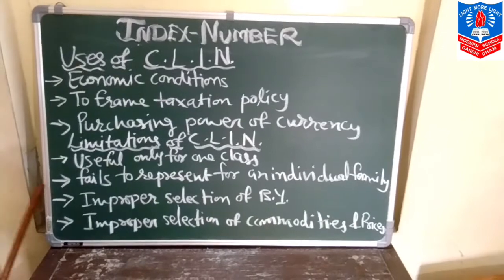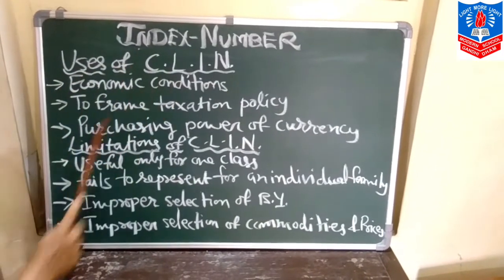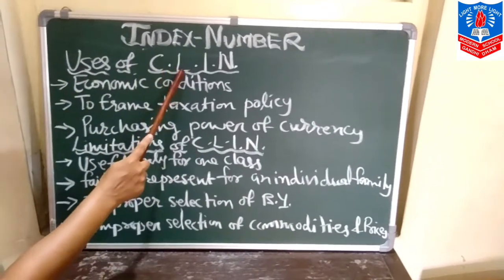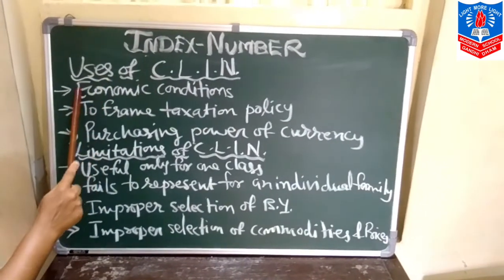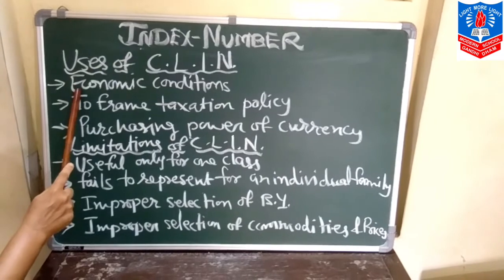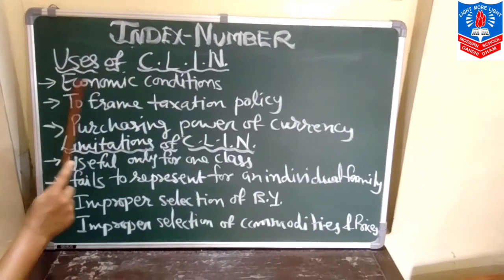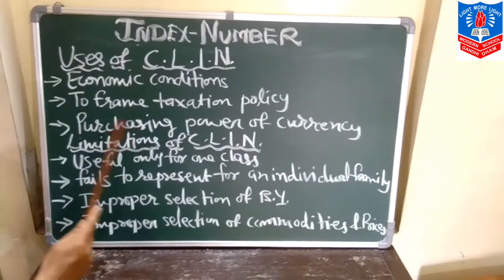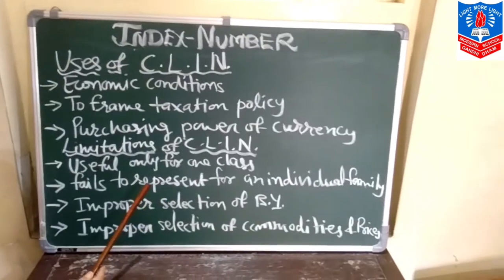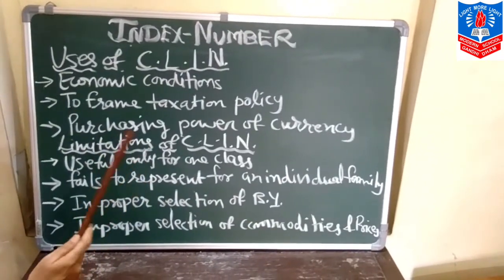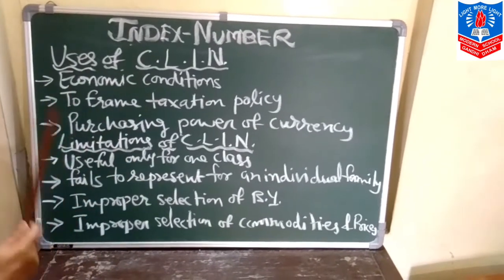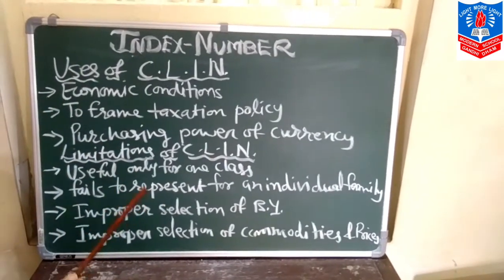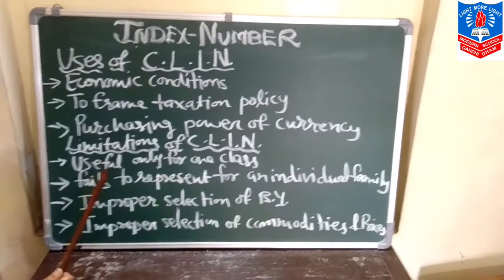The last topic of the chapter is uses and limitations of the cost of living index number. Let us start with the uses. There are three uses. Number one, the cost of living index number for each class of people exposes the economic conditions of that class, with the help of which the wages, dearness allowance, bonus, etc. can be fixed.